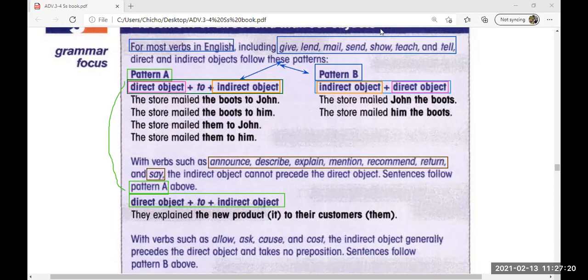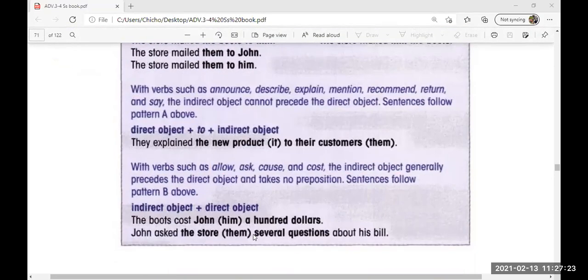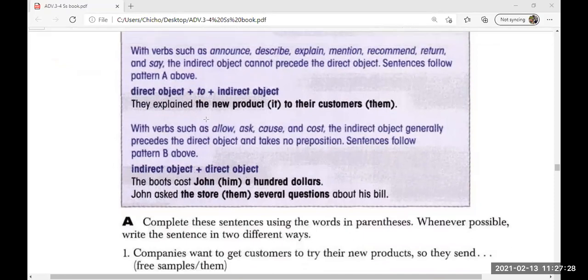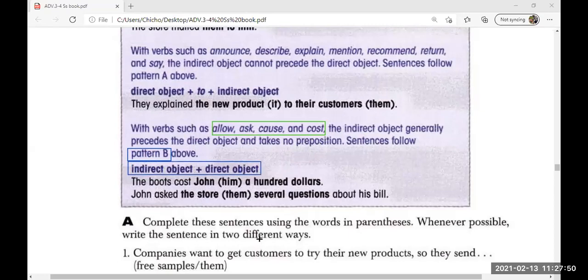Let's go to the next group. It says, with verbs such as allow, ask, cause, and cost, the indirect object generally precedes the direct object and takes no preposition. So we follow pattern B. En estos verbos seguimos el patrón B. For example, the boots cost John $100.